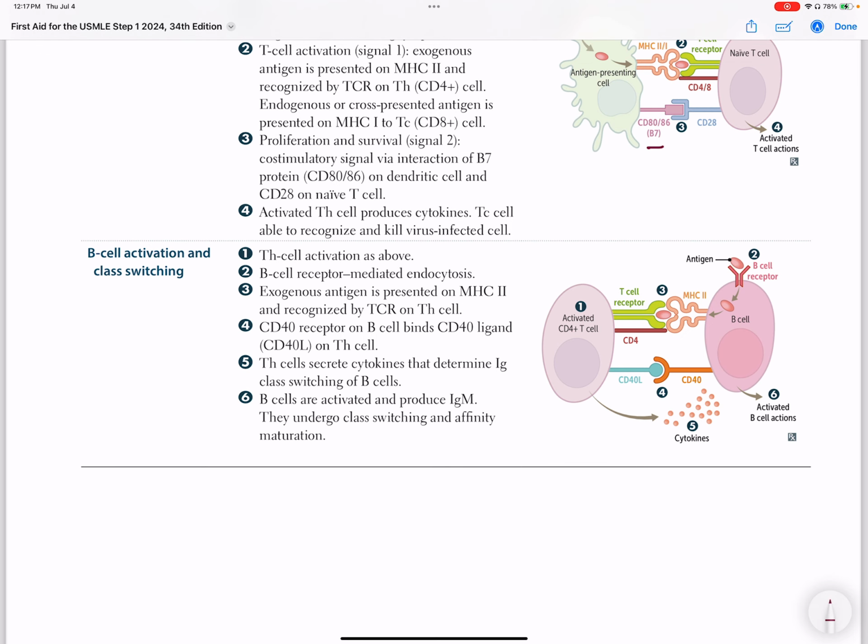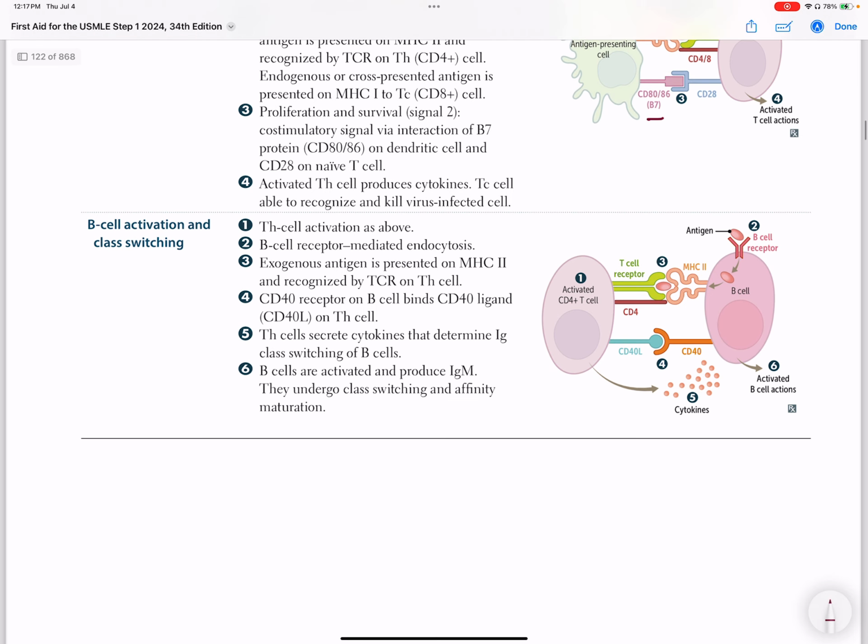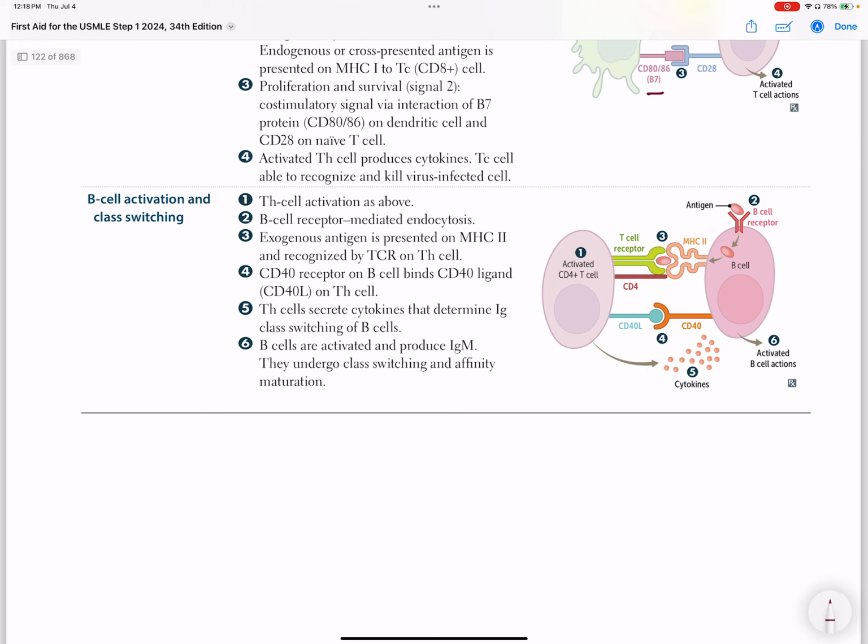This exogenous antigen is presented on the MHC2 and recognized by the TCR on the T helper cell. The CD40 receptor on the B cell binds CD40 ligand, CD40L, on the TH cell. The TH cells secrete cytokines that determine Ig class switching of B cells. B cells are activated and produce IgM. They undergo class switching and affinity maturation.